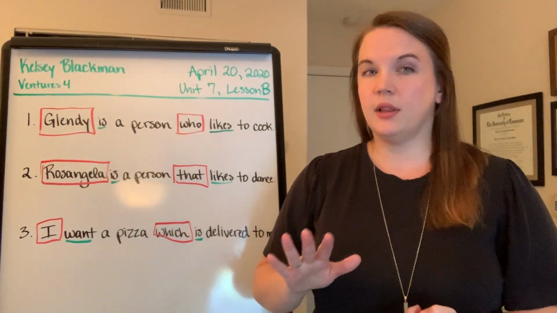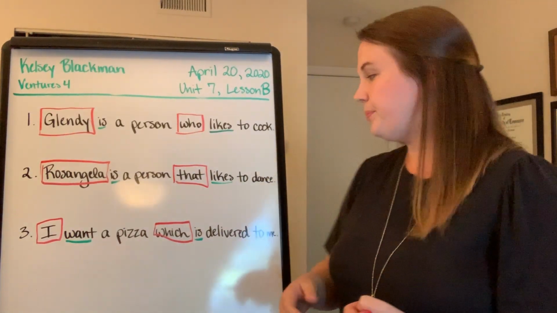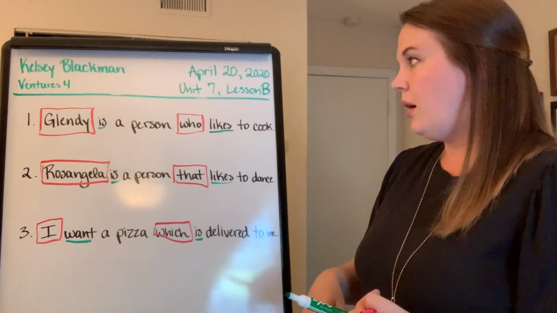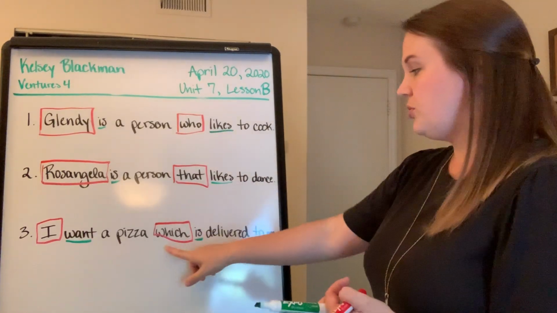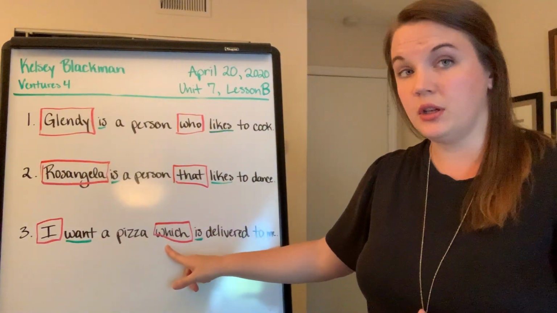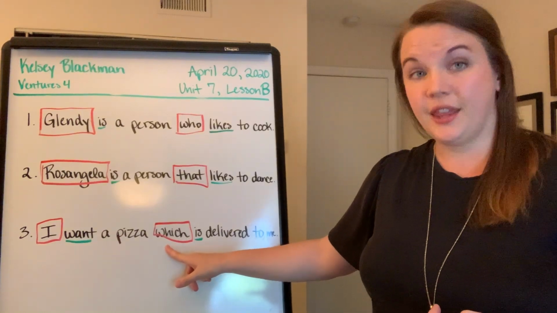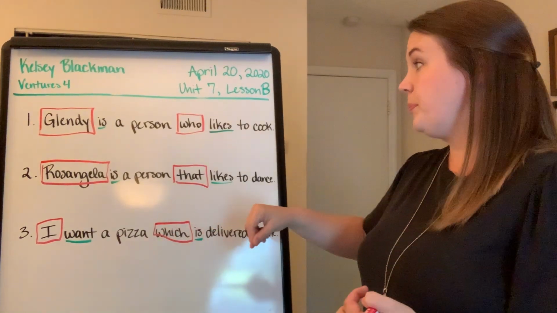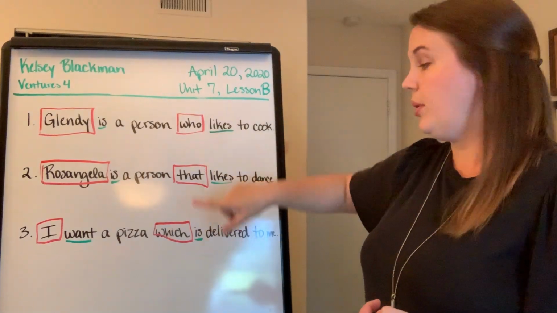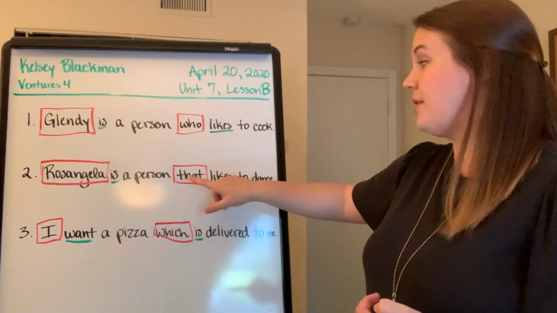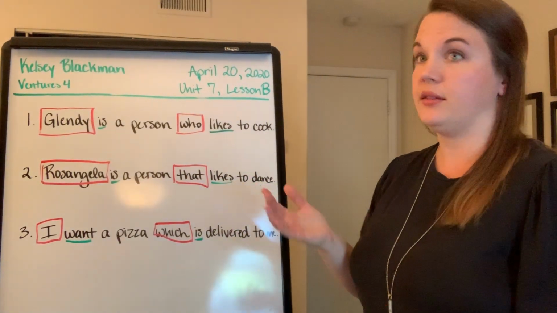So let's look for a second here. First, when do we use which? Which is used for things, okay? So who is for people, which is for things, that is for people or things.